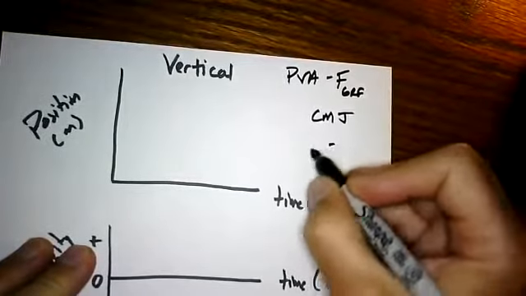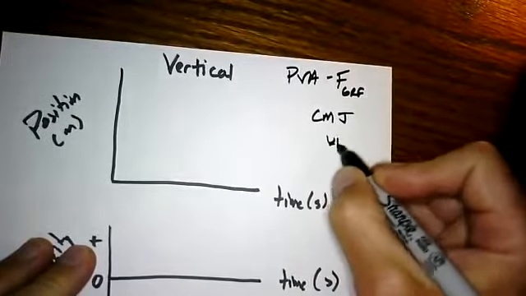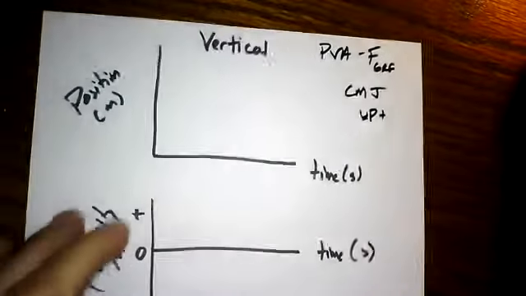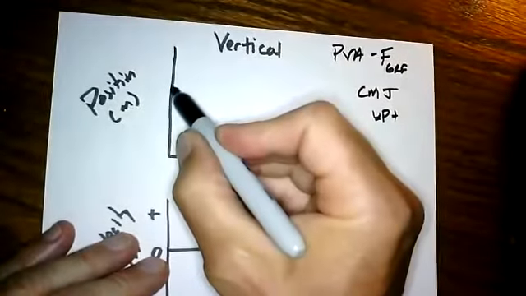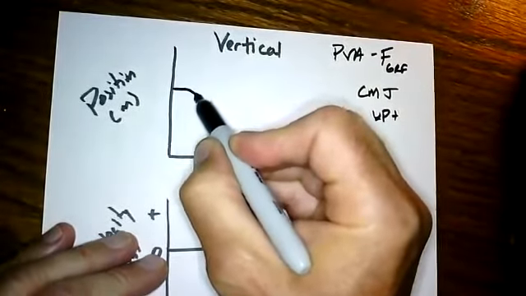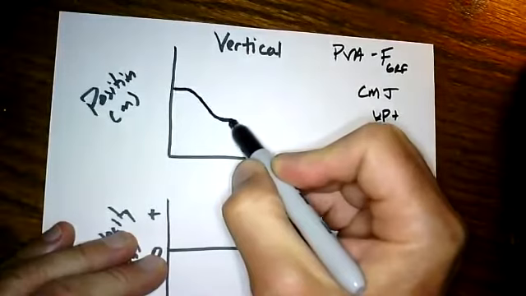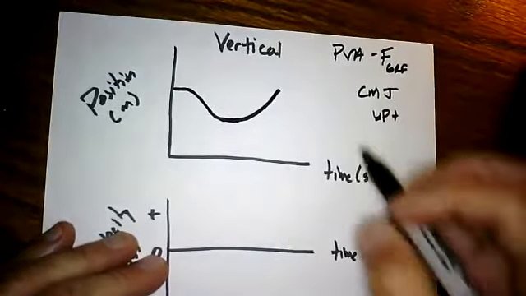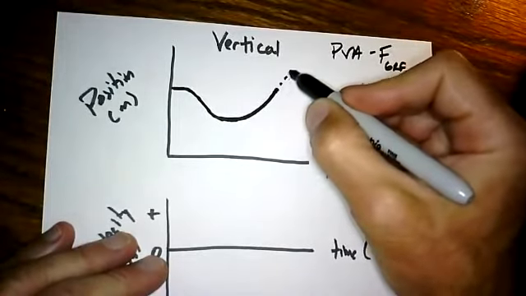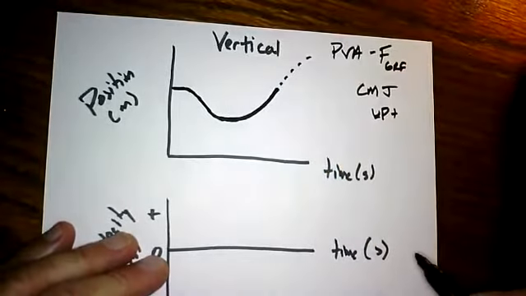Remember, up is positive, always. So let's look at this. We're going to start in a standing position. We're going to go downwards and immediately go upwards and then take off into the air. And I'm going to do a dotted line to represent flight.